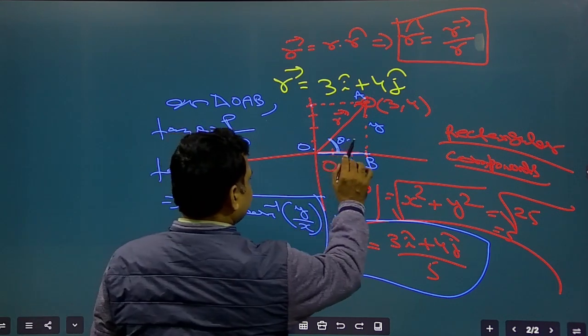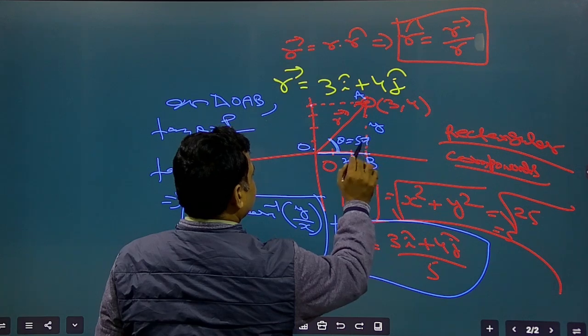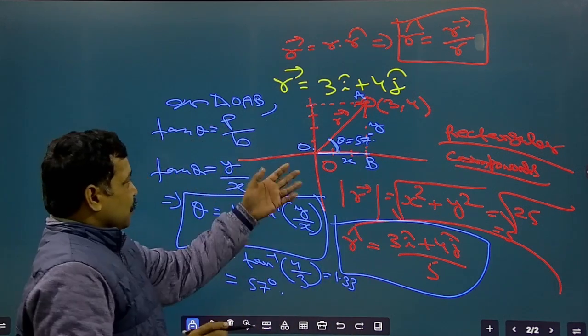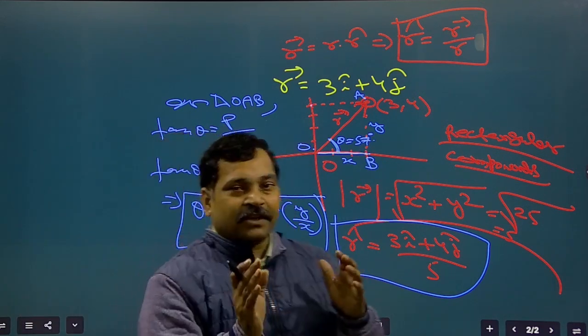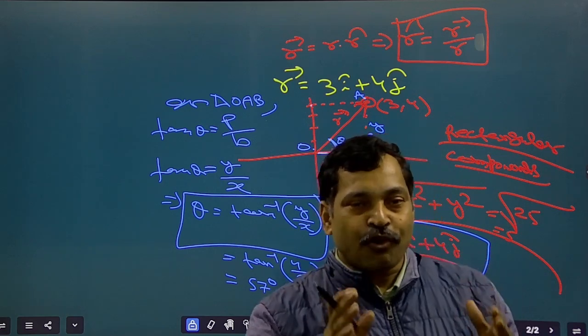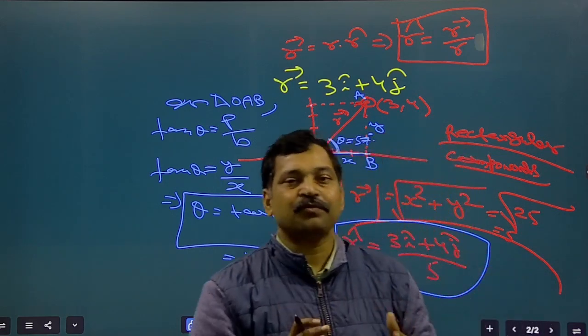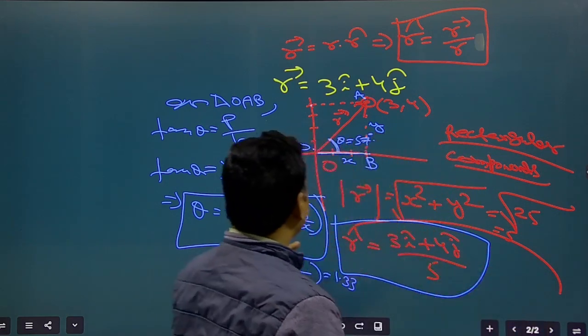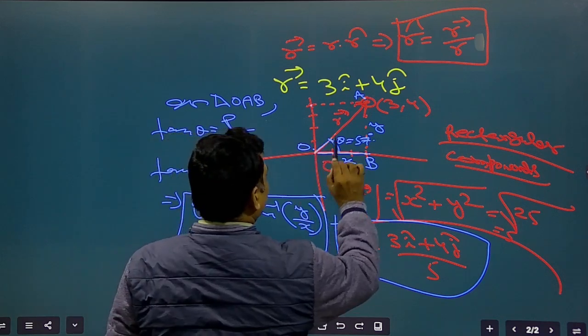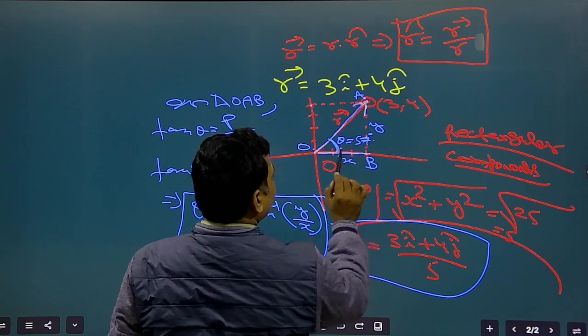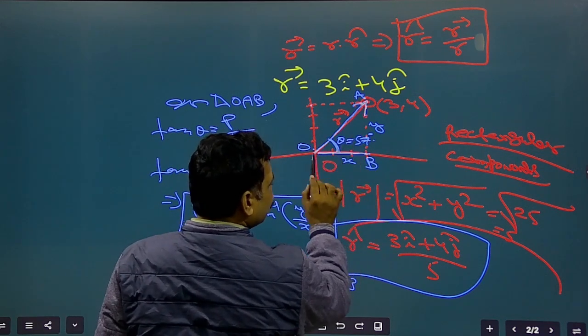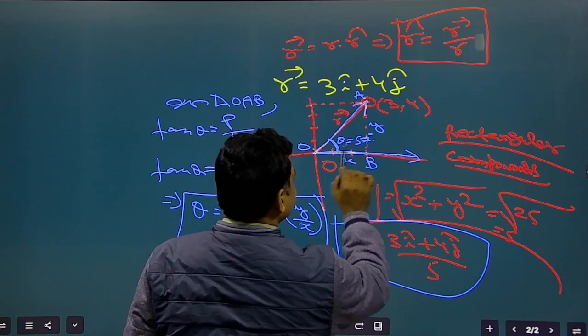So here I can say theta will be 57 degrees. Analytically I can write this vector r is equal to 3 i cap plus 4 j cap, or direction-wise I can say this vector has a magnitude of 5 units along 57 degrees with the positive x-axis.